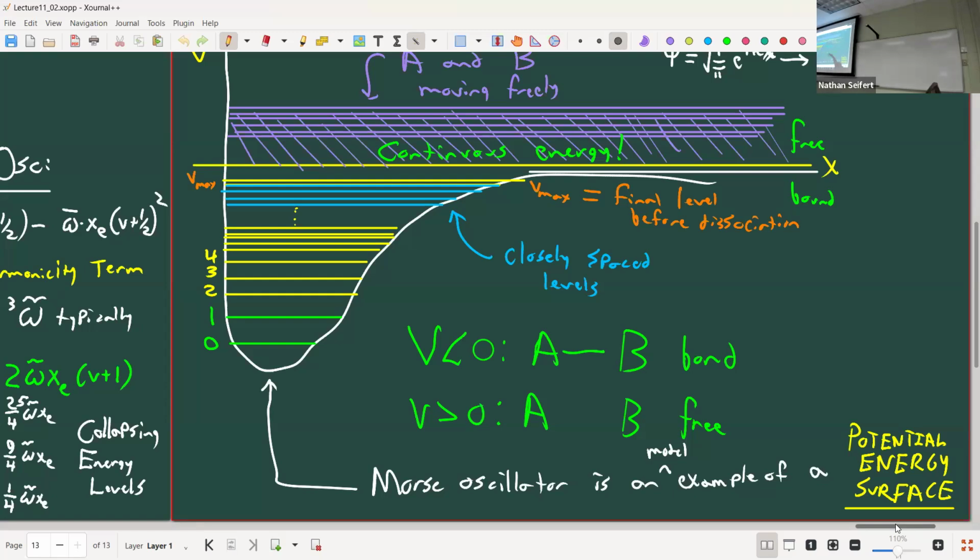And if we can determine this spectroscopically, if we can figure out how anharmonic the system is, we can determine something about the strength of the bond, which is the distance from this point to this point, the dissociation energy. It tells us something about that bond strength. And you're going to look at this in very close detail in lab in the next couple of weeks.